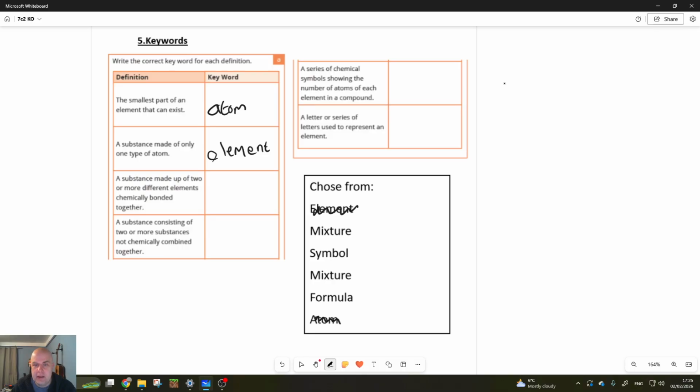Okay, it says mixture, symbol, mixture, formula. And I would say, do you know what, that 2 or more different elements chemically joined, that's a compound, isn't it? 2 or more substances not chemically joined, that's a mixture. Series of chemical symbols showing the number of atoms in each compound, that's a formula.